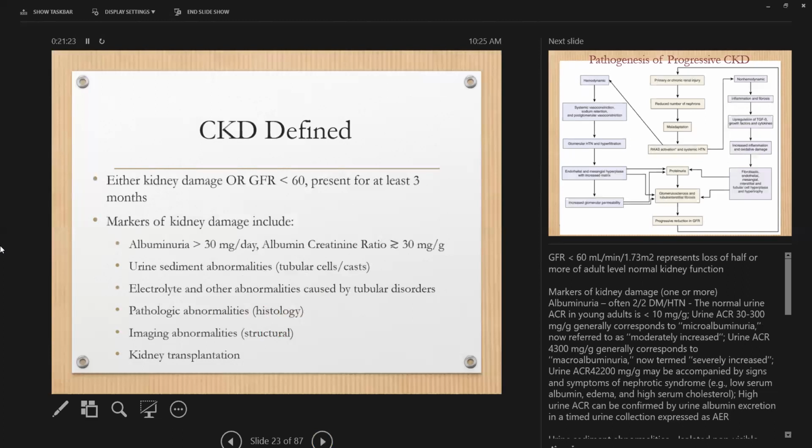As people evolve in chronic kidney disease, they could be sitting at a normal potassium level, like let's say they're 4, right in the middle. And 6 months later they're 4.5, and 6 months later they're 4.9. And now 2 years after you first saw that potassium creeping up, now it's 5.1.